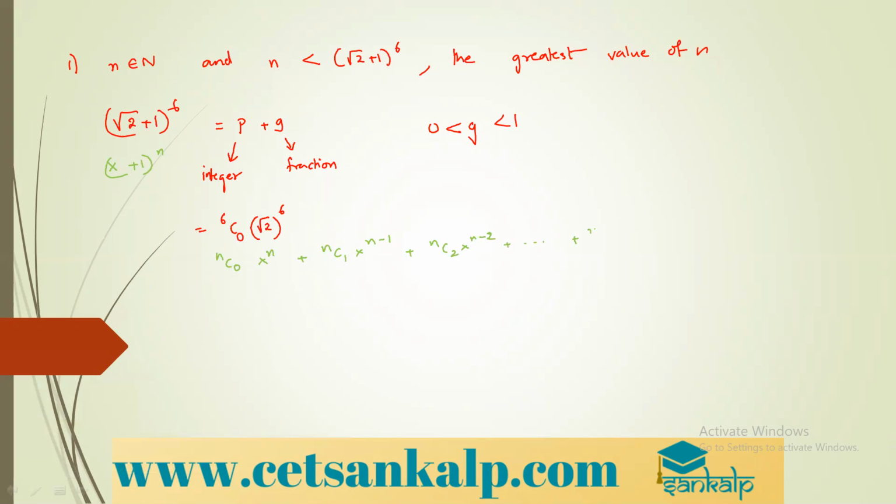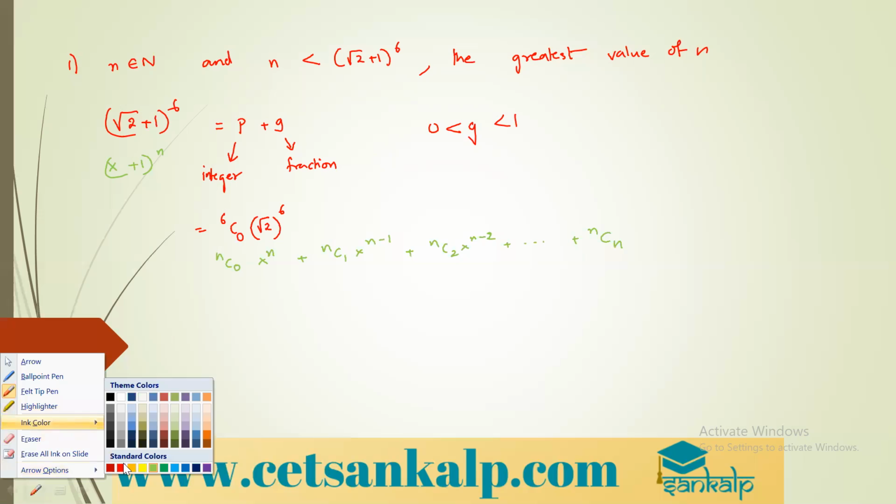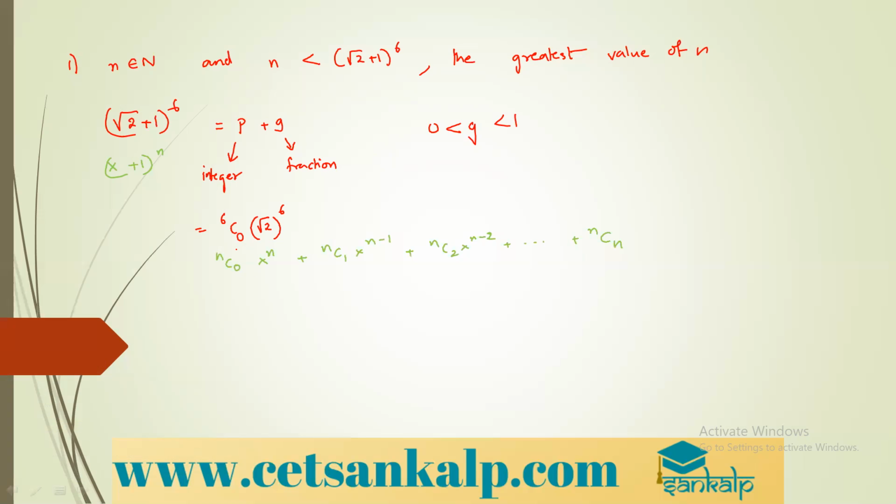Like that, it will continue up to nCn. So if I use this formula, I will have 6C0 root 2 power 6 plus 6C1 root 2 power 5 plus 6C2 root 2 power 4 and so on. In the end, I will have 6C6.